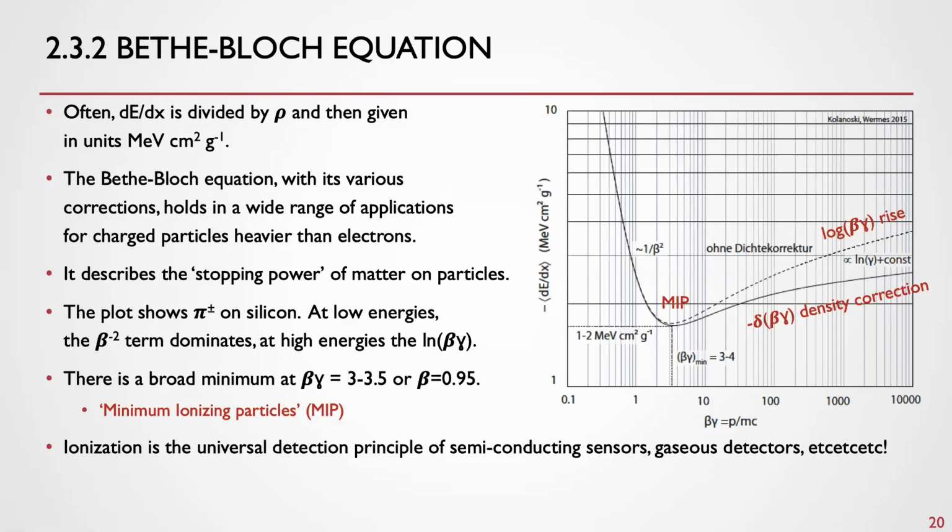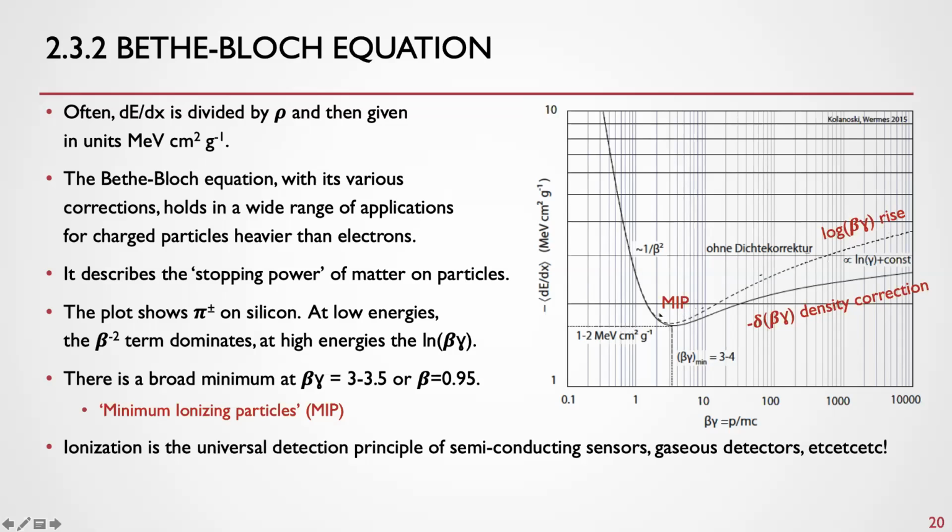Deep in the detector, what's the typical energy of a particle that you encounter? Now, the particles may be created with very high energies up here, and then they lose, and because they lose, their beta gamma factor reduces, and then they lose a little bit less.